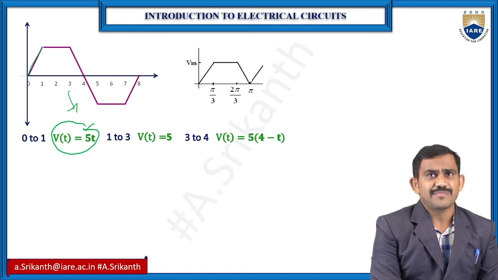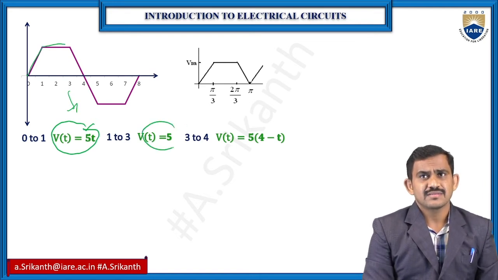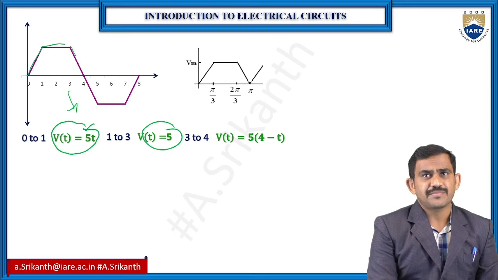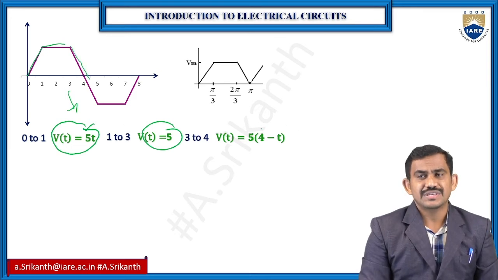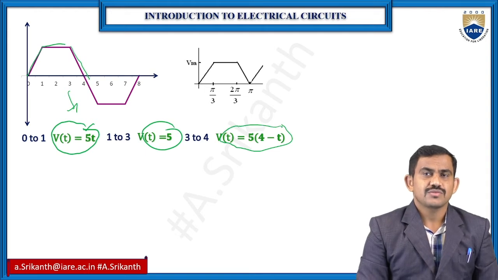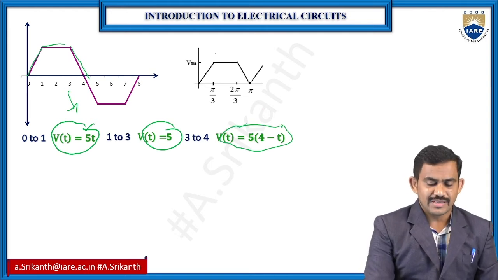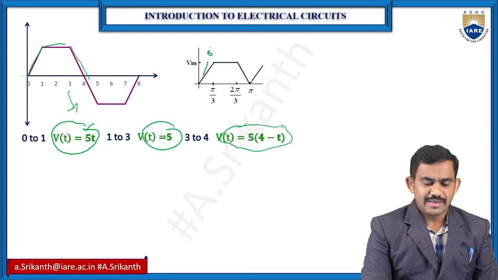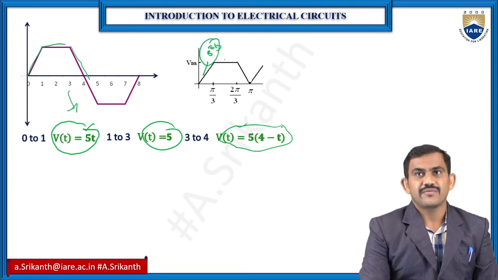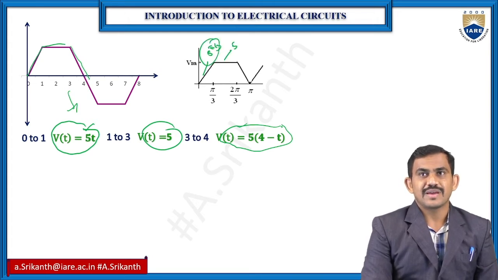And for this time period we have a straight line. And for this time period we have pi into 4 minus t from the slope form. So we have 3 equations. Same thing here, for this we have pi by 3, and for this pi means a Vm.